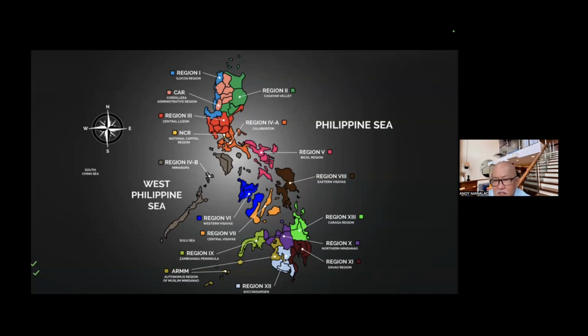Then Region 7 and 6, the Western Visayas and the Central Visayas, and then Regions 10 and 11, the Davao and Northern regions. I'm not saying that you forget about the other regions, because if you can hold longer, then you can also find a lot of opportunities in the other regions.